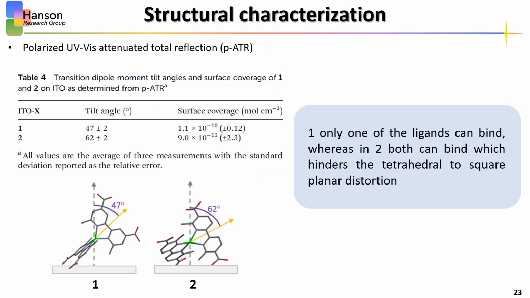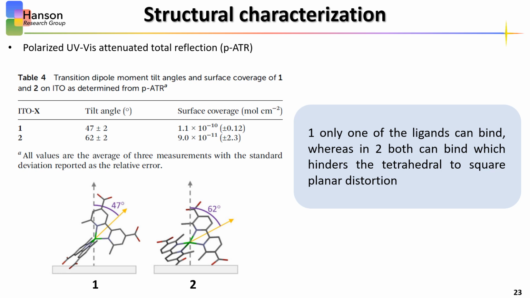In order to further study the structure of the molecules relative to the surface, we use polarized ATR as a powerful means to determine the orientations of the molecular transition dipole moments. We have the results summarized in table 4.